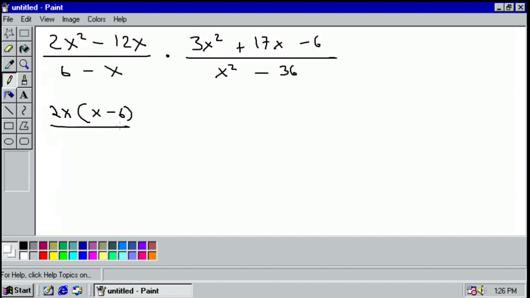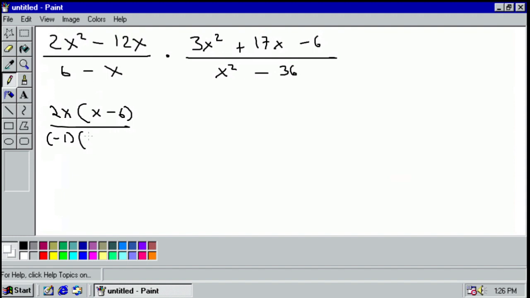Then here we can factor a negative 1 out. Factor a negative 1 here, so we can have a positive x. So this will become positive.